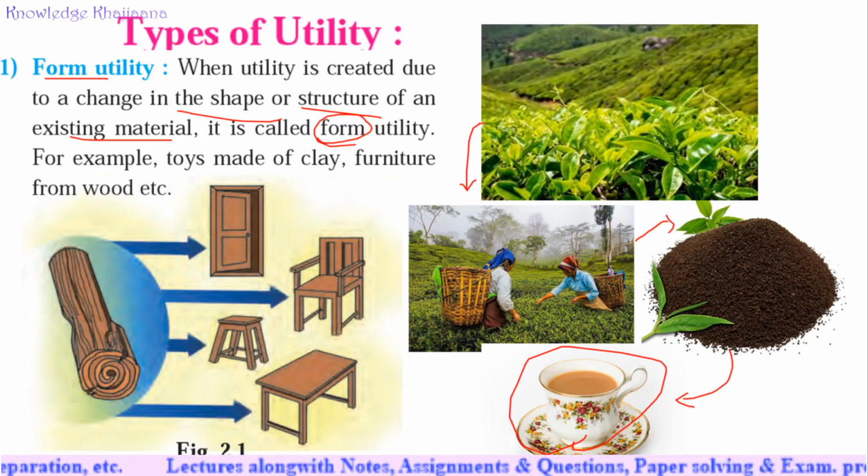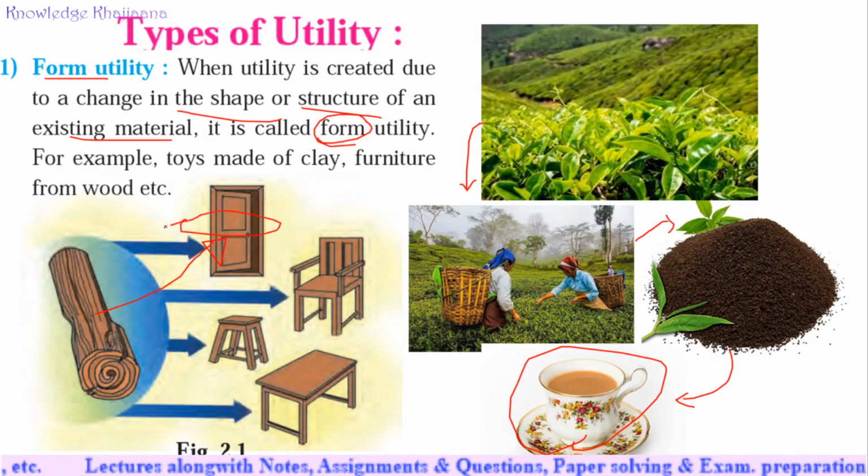Suppose a wooden trunk is placed in the place of a door. It will give no utility, right? Wooden trunk is directly placed in place of the door. If it is placed like this, it will give no utility.